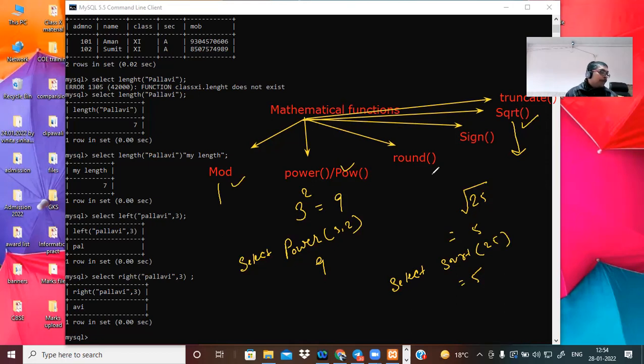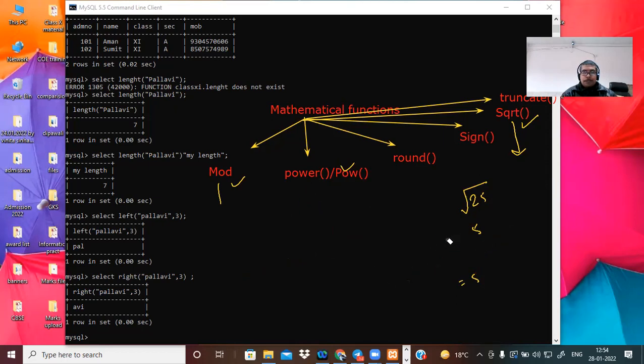The next one is round. We must have studied rounding off in our early education. Round off the number nearest to the 10.